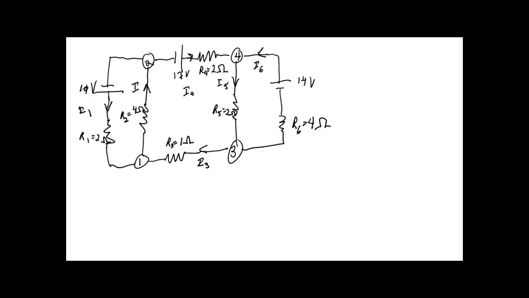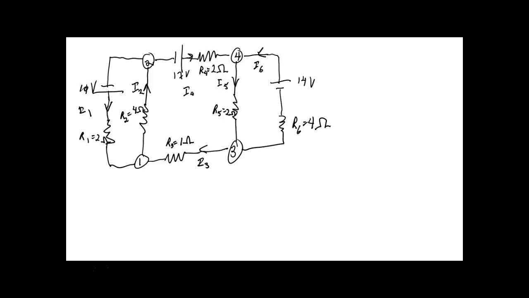Okay? Now, we have 4 nodes. I call them nodes, I call them junctions. And these are all separate. Well, are they? Yeah. Because this one has I1, I2, and I3 all dealing with it.